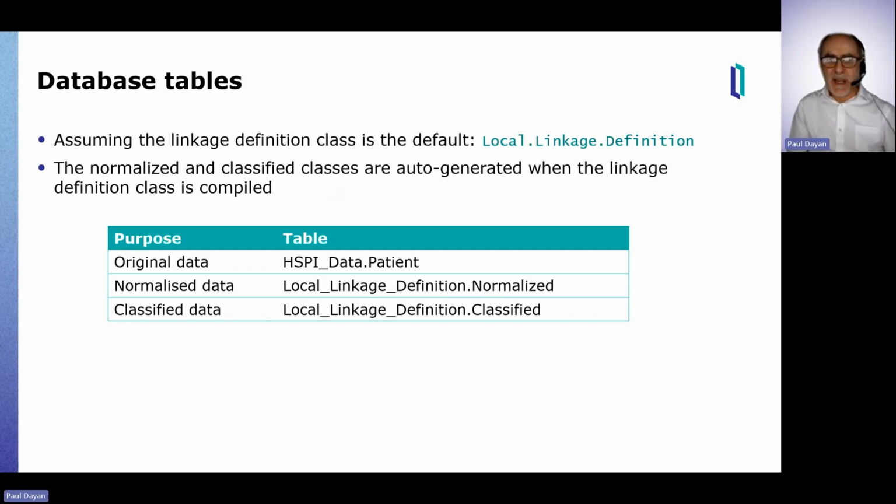The classified table has a record for each identity pair that got through the link key indices. It contains the linkage calculated values for the pair and the decisions made, such as whether the pair is linked or not and why. This is the basis for the work list that we will see later. These two tables are cleared down and repopulated when we rebuild the linkage data.